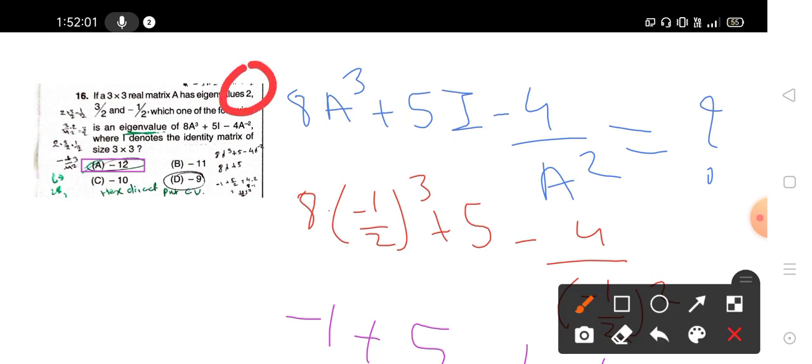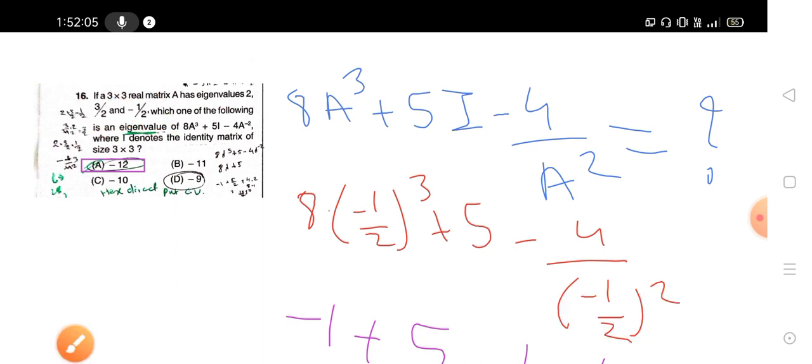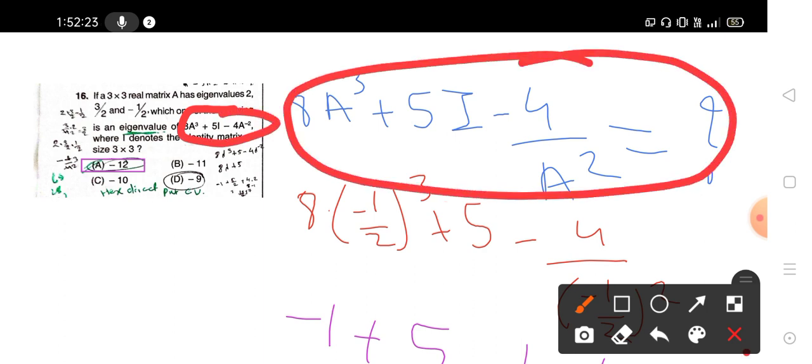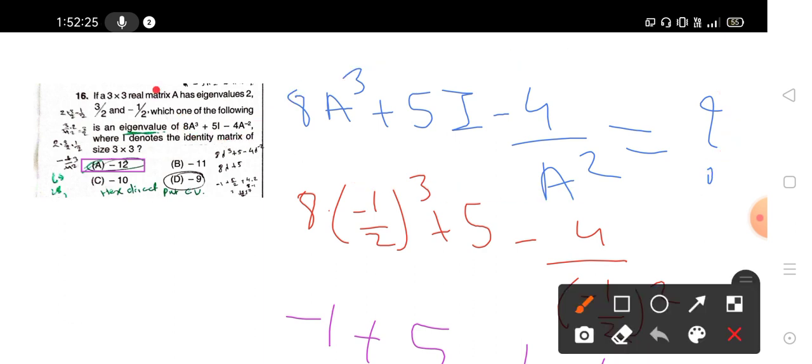Next question: if a 3 cross 3 real matrix A has eigenvalues 2, 3 by 2, and minus 1 by 2, which of the following is an eigenvalue of 8A cube plus 5I minus 4A square? Here I denotes the identity matrix of size 3 cross 3. Let us suppose minus 1 by 2 is an eigenvalue.